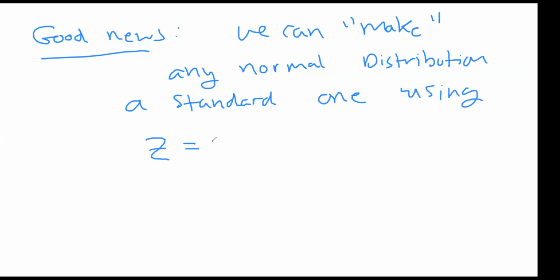Remember, Z is for standard and then X is just for normal. But if we use this little equation, we can take any normal distribution and write it as a standard one. And that's useful because all those tables are written in Z, so we can easily do this. This shouldn't shock you, though, for the following ways.